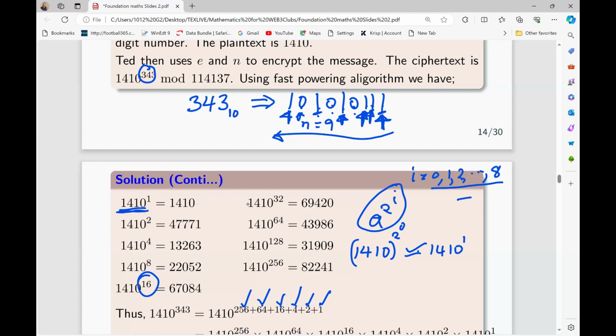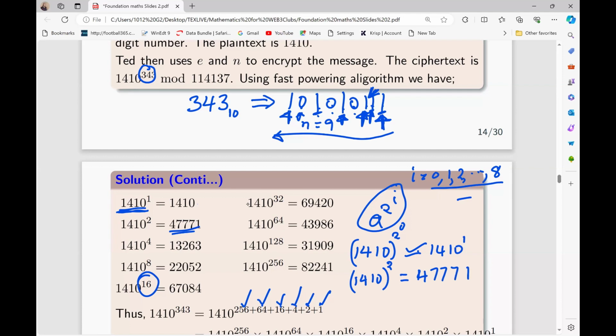The second one is when I is 1. When I is 1, we have 1410 to 2 raised to 1, which is 1410 squared. So that's what I did here. And you get 47,771.